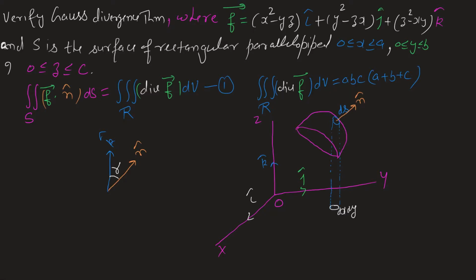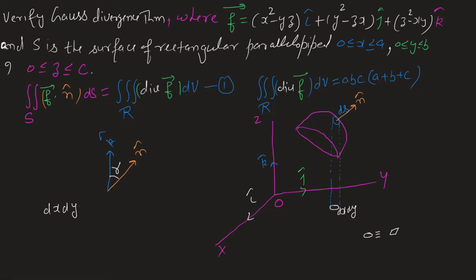So what will be the projection in the xy plane, dx dy? Why have we taken dx dy? Because this element is infinitesimally small in the xy plane, it can be approximated as a rectangle. Therefore I have taken dx dy.